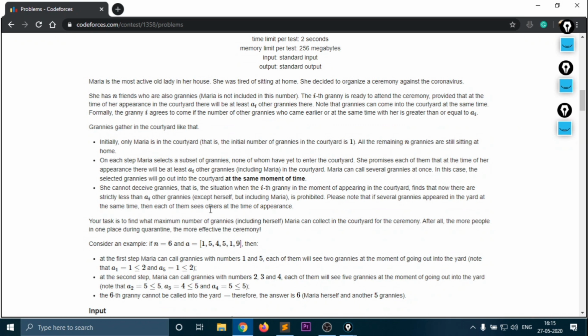The second condition was that Marina can't invite those who can't satisfy the condition, and Marina can invite more than once at a time, and the guests who are coming are also countable each time.